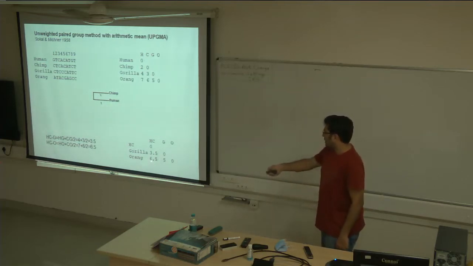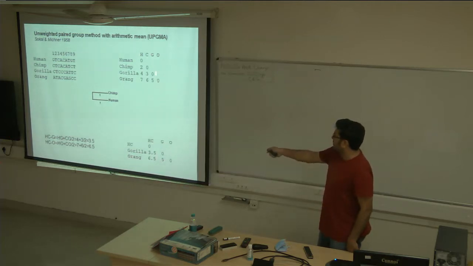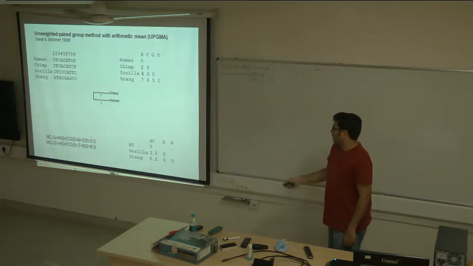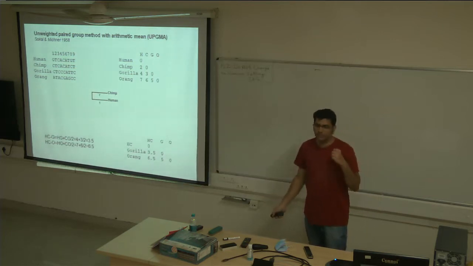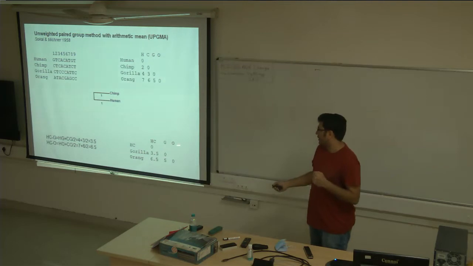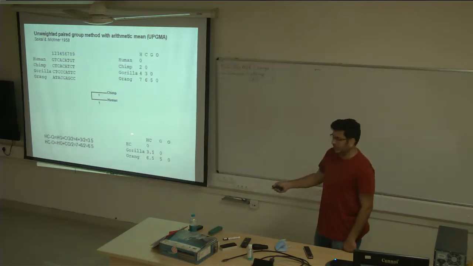So here is the new distance matrix, and the distance between gorilla and orangutan remains the same because it's not a part of this calculation right now. Now from here again you pick the 2 taxa with the lowest difference. Here HC and gorilla has the lowest difference.